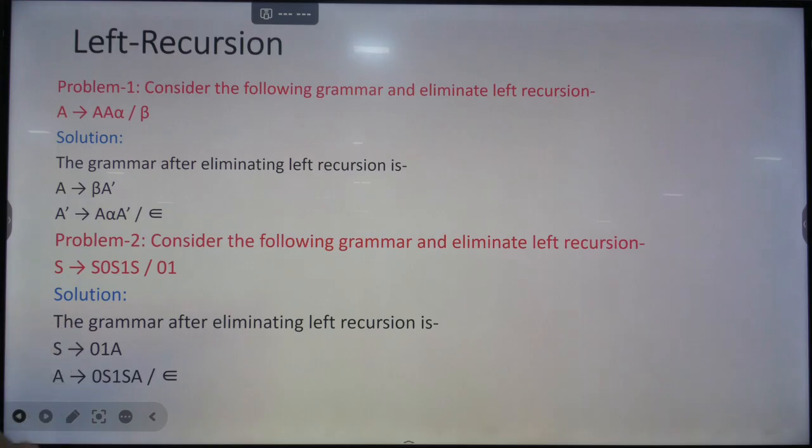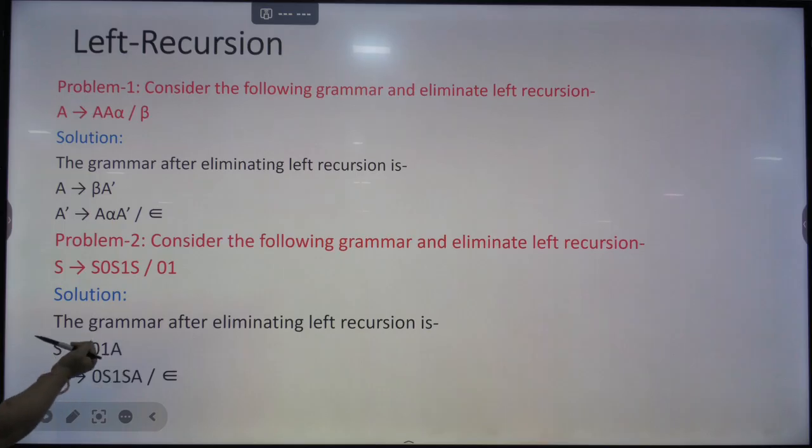The second example: S tends to S0, S1, S or 0, 1. Here both S symbols are the same non-terminal symbol, so we can say that it has a left associativity problem. To avoid that, we rewrite this production as A tends to beta A dash. Here A is S, and beta is 0, 1.